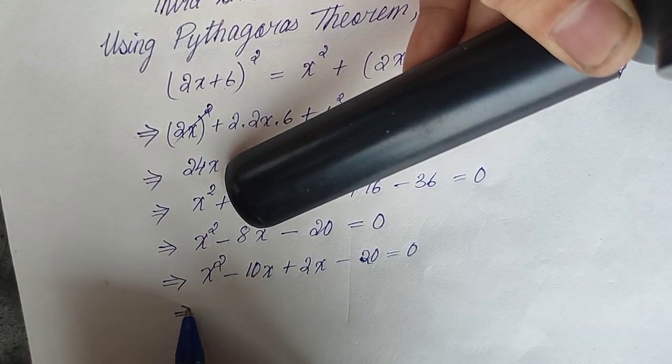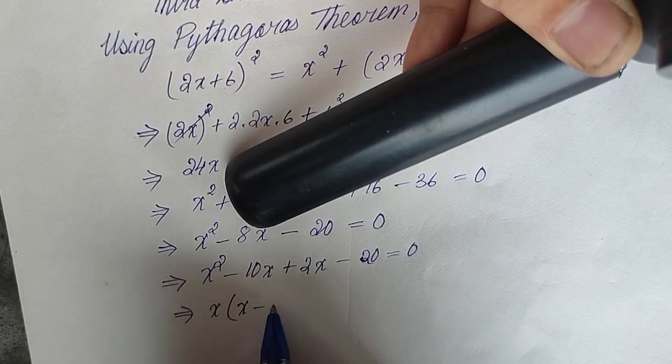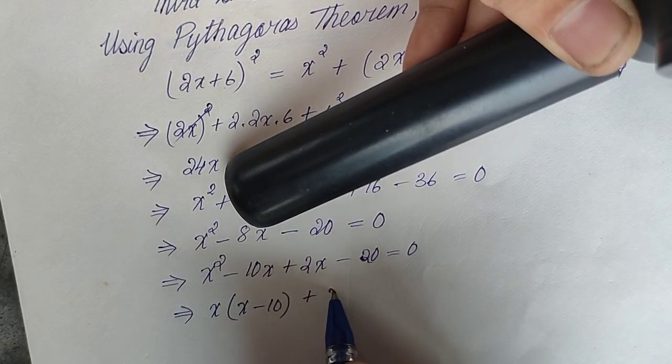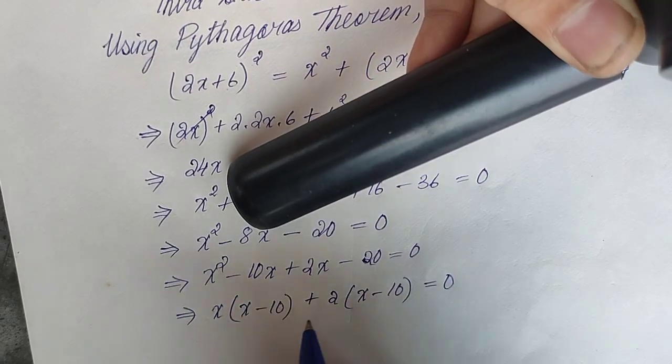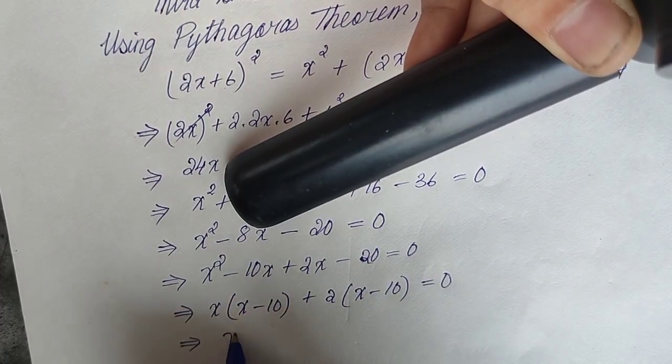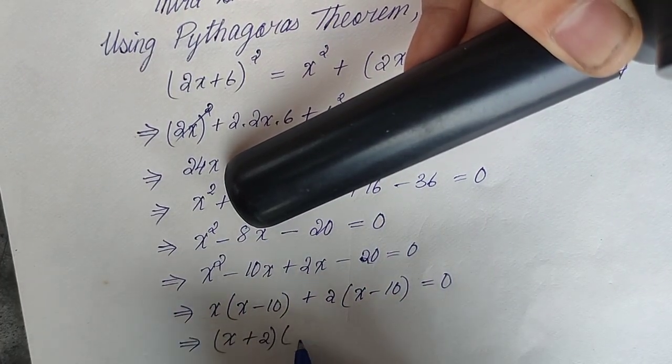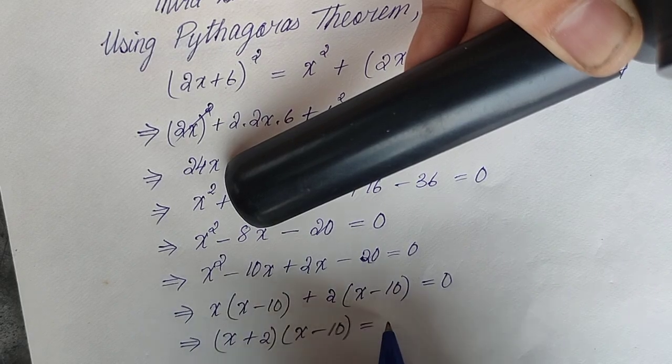Taking common, x minus 10 common, x plus 2 into x minus 10 is equal to 0.